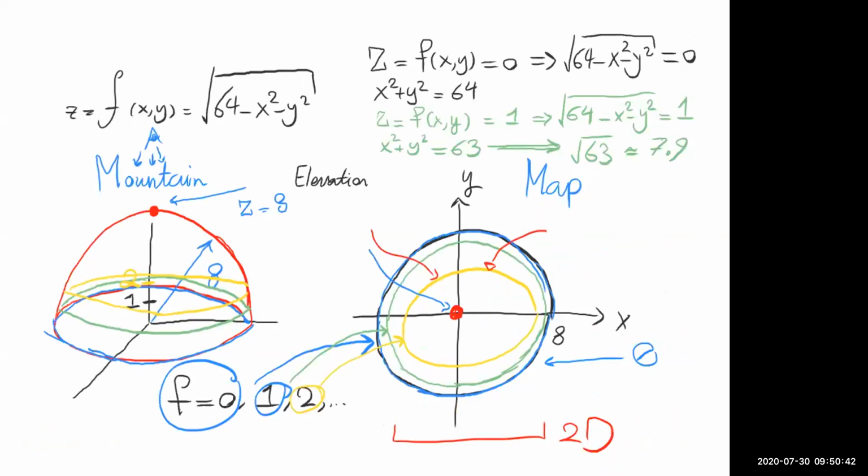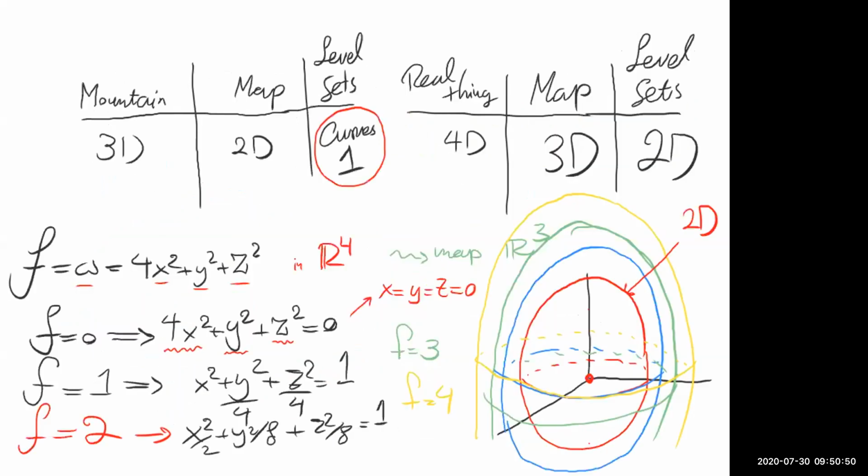These curves are one-dimensional. They're like a line. Here, rather than having level curves, we have level surfaces. And each surface itself is a two-dimensional object. Does that make sense to you?